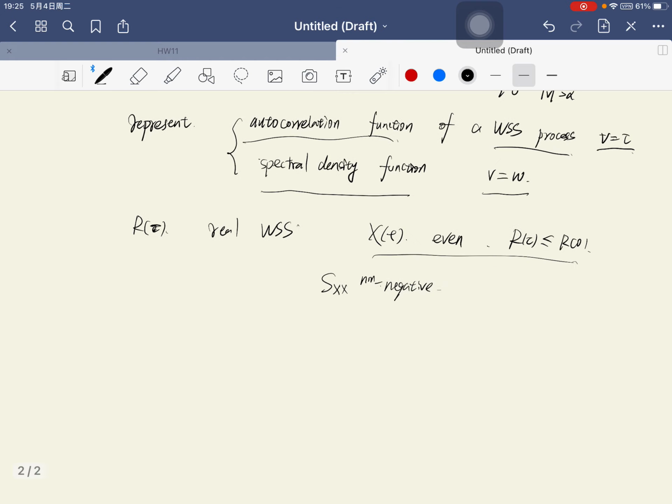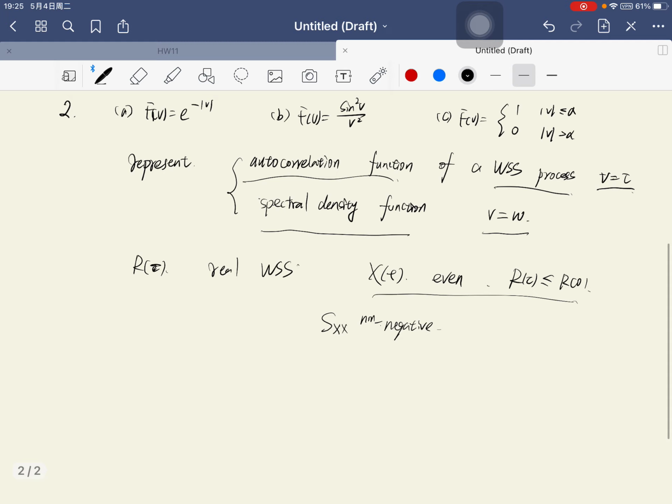So if it is the power spectrum of a wide-sense stationary process X, then S(omega) is non-negative.